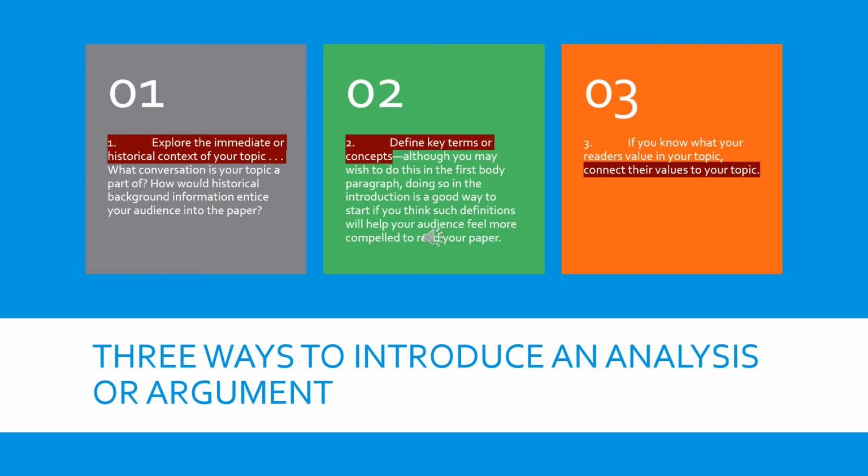So for instance, one of the ads for your advertisement analysis that you can choose from is an ad for the World Wildlife Fund. And if you know that most people in your audience connect to conservation of the environment, and particularly conservation of animals that are endangered, then you could talk a little bit about that in your introduction as a way to compel your readers to read further.